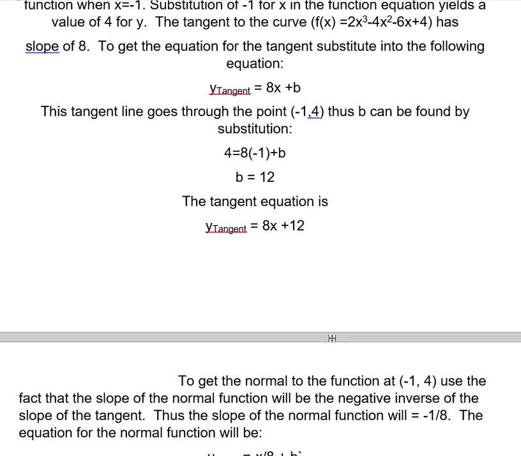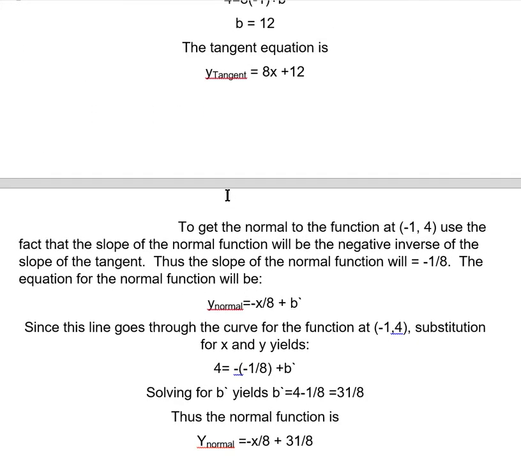Now, it's easy to show that for the normal to this tangent at that same point, the slope of the normal would be minus 1/8. The slopes of two lines that are perpendicular to one another are the negative inverse of one another. And you can go to Khan Academy or lots of places to see a proof of it. It's very straightforward. I'm not going to do that.